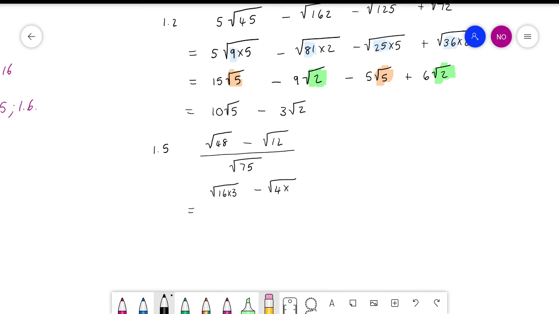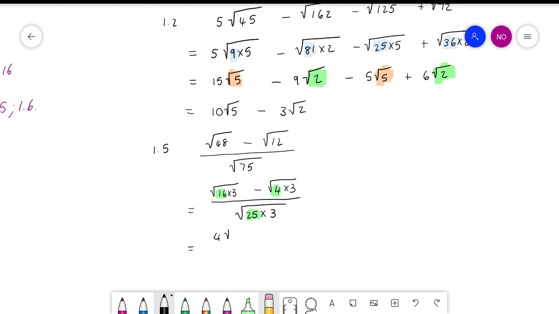And this one is 4 times 3. And at the bottom, 25 times 3. Good. So all of these are complete squares.